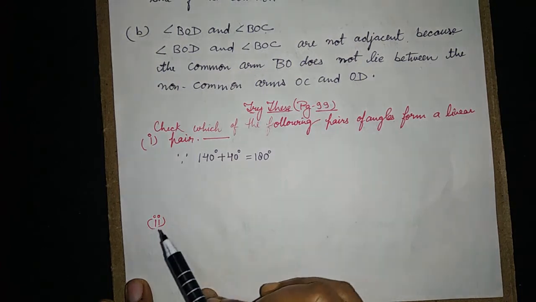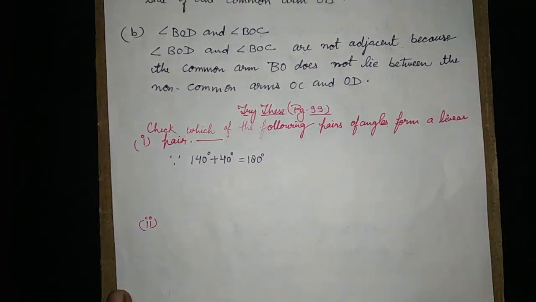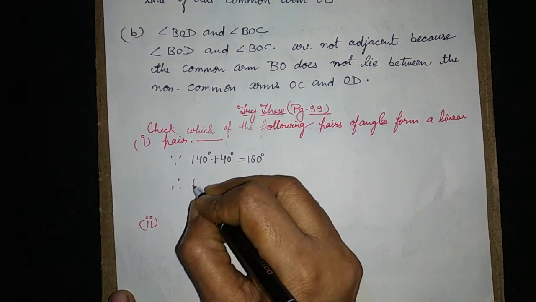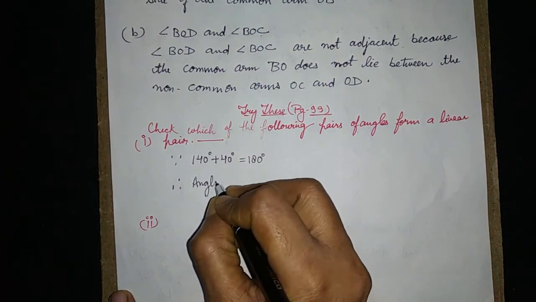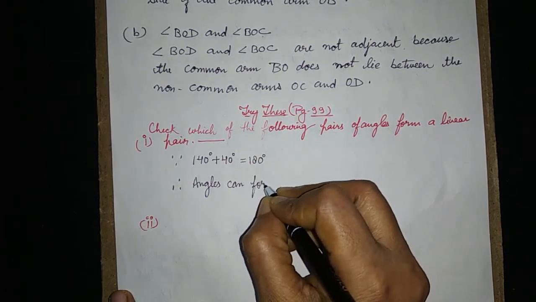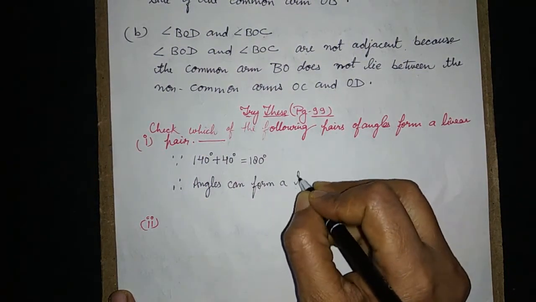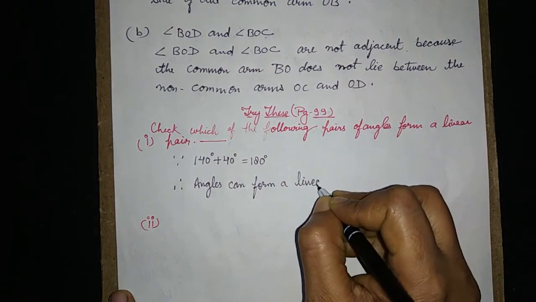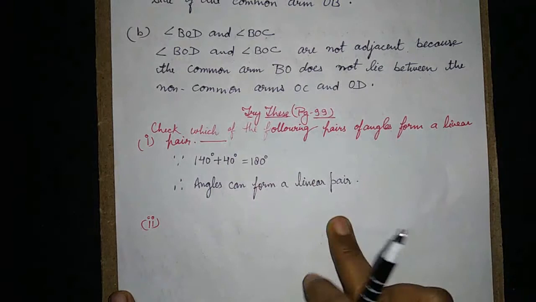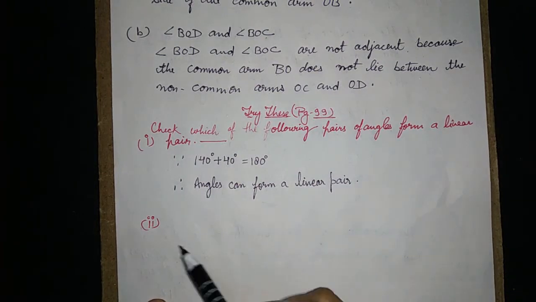Okay. So here you will write, therefore, angles can form a linear pair.